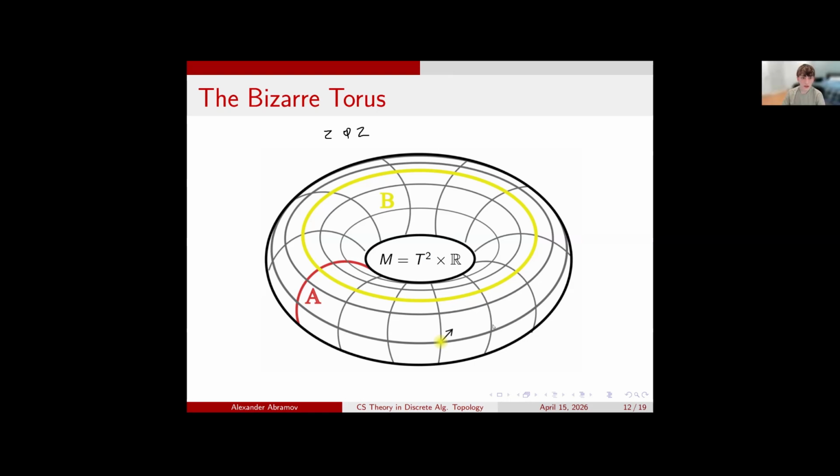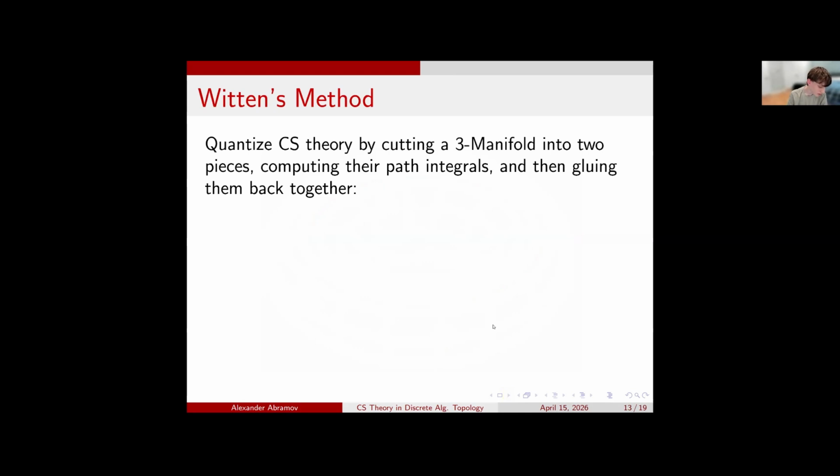This is Witten's method. I can just cover this briefly because I don't have a lot of time. You take a manifold and you introduce a cut on the manifold, and if you cut the manifold, you can actually evaluate the expectation values independently on the manifold using observables as Wilson loops.